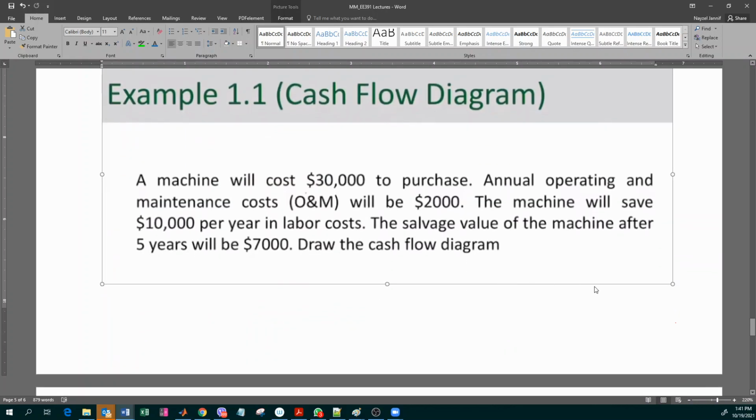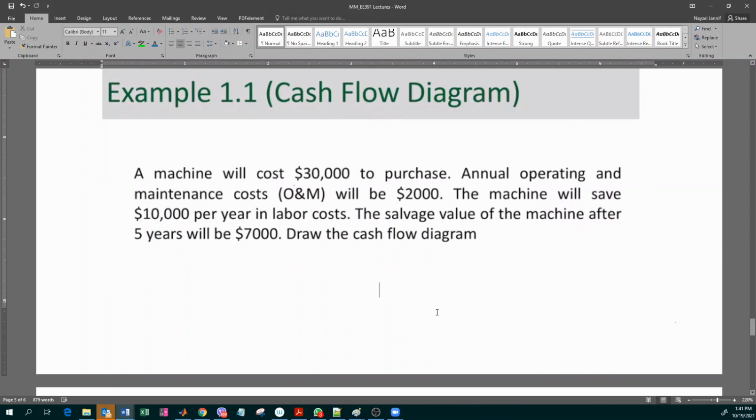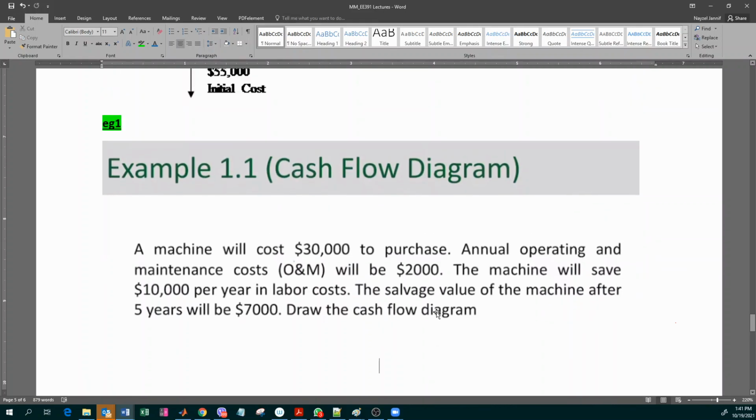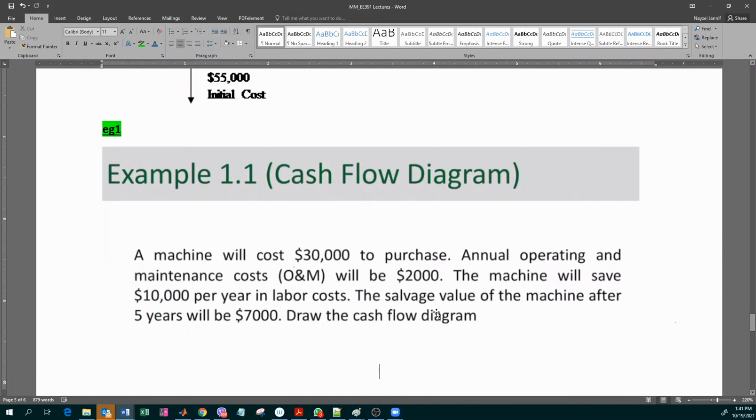All right, nice, very good. Okay, let's draw the diagram for this. A machine will cost $30,000 to purchase. Annual operating and maintenance costs will be $2,000. The machine will save $10,000 per year in labor costs. The salvage value of the machine after 5 years will be $7,000. Draw the cash flow diagram.